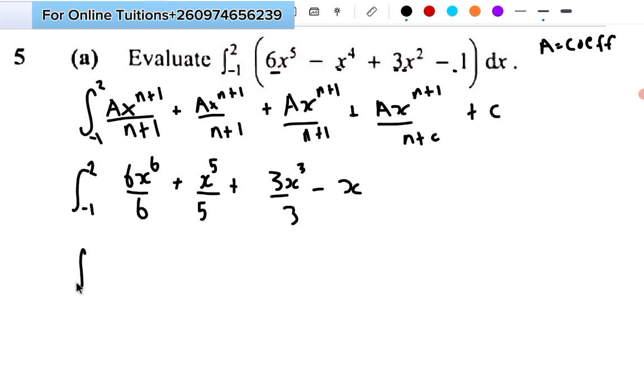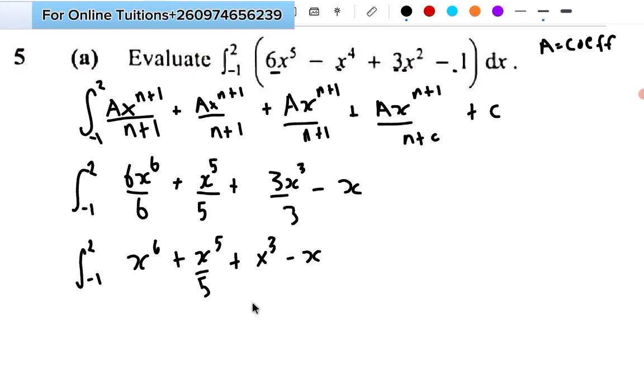So we can simplify: from -1 to 2, 6x^6 over 6 remains with x^6, then plus x^5 over 5, plus 3x^3 over 3 gives you x^3. The 3s cancel each other, then you have minus x.